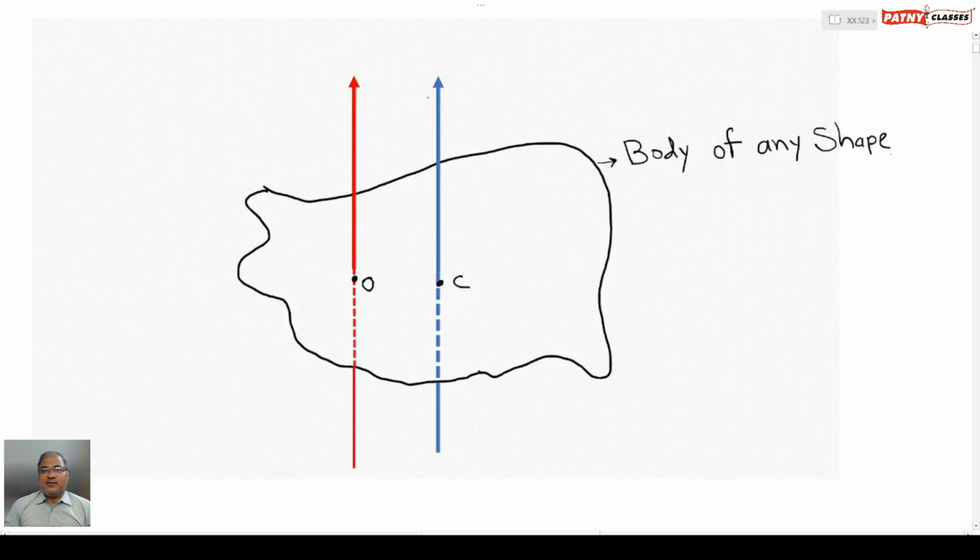Let IC be the moment of inertia of the body about the axis passing through the center of mass, and let I naught be the moment of inertia of the body about the axis passing through the point O. Remember that both axes are parallel to each other and the distance between the axes is equal to h.